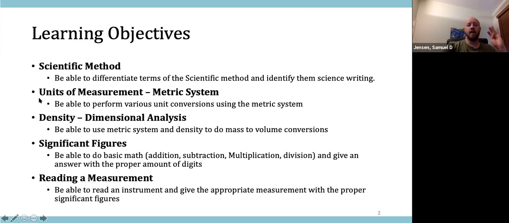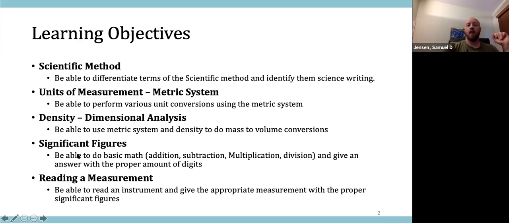These are kind of combined. They can be. But there also can be simple metric conversions like the one that we did tonight. If I give you 67 picometers, how many centimeters is that? That is a metric system conversion. The density problems: given the density and the mass, what is the volume? Significant figures, looking at a basic math problem, 1.1 plus 1.25 is what?